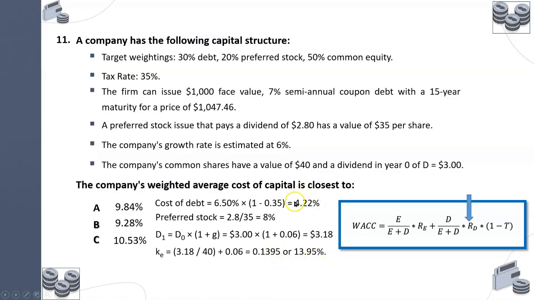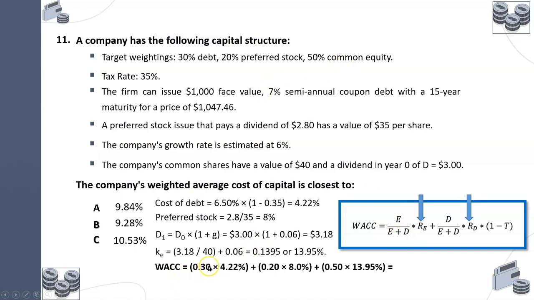Now we have the 3 costs: 4.22 times 30%, 8% times 20%, and 13.95 times 50% will give us the weighted average cost of capital. This is the cost of equity which we've just calculated, times the weight of the equity.